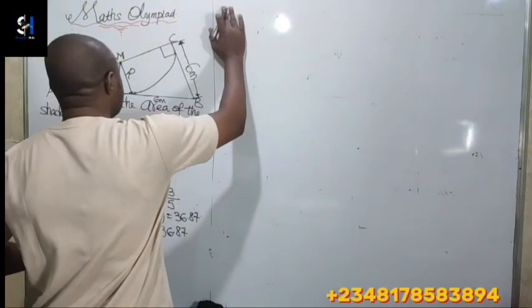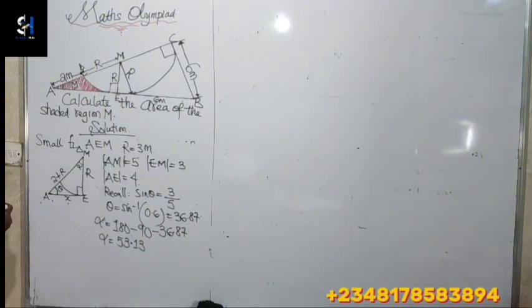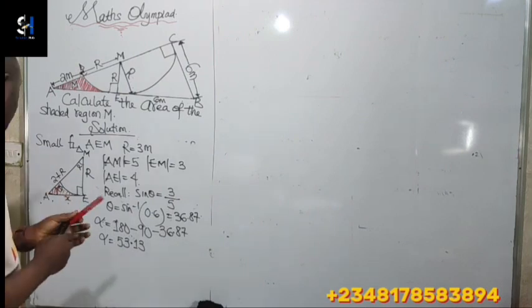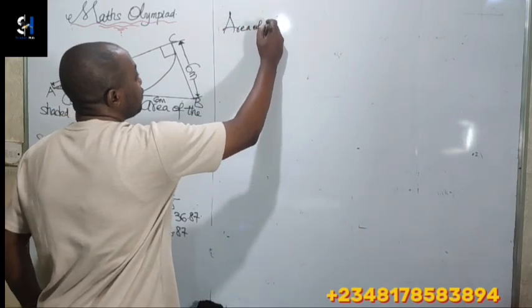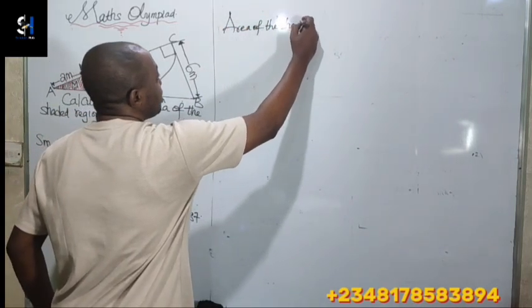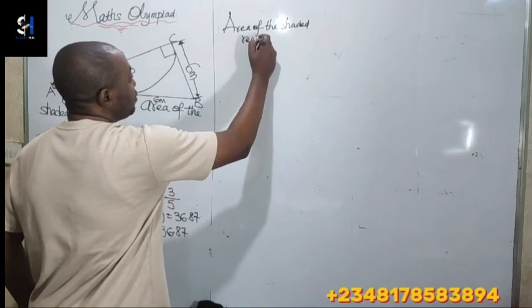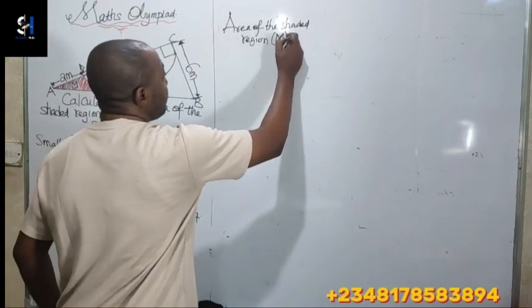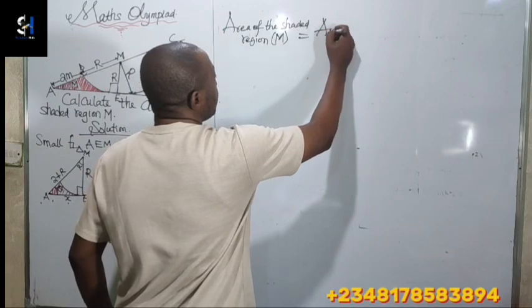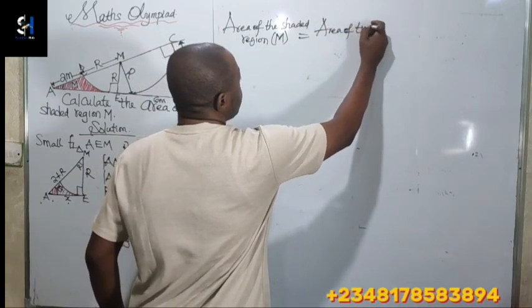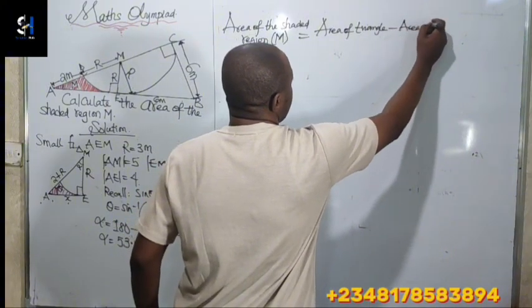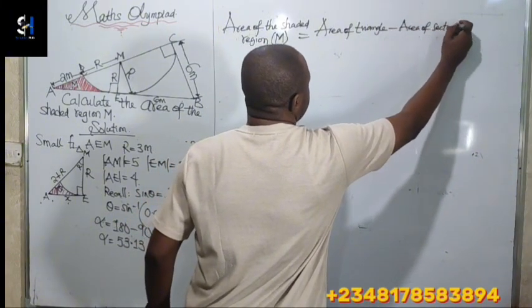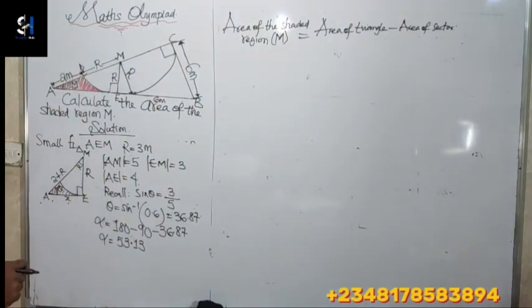The area of the shaded region M will be equal to the area of the triangle minus the area of the sector.